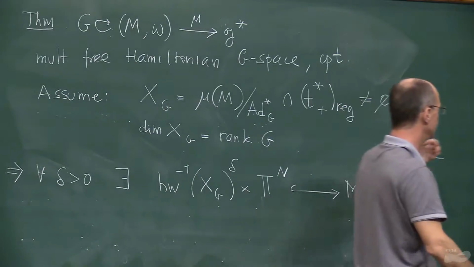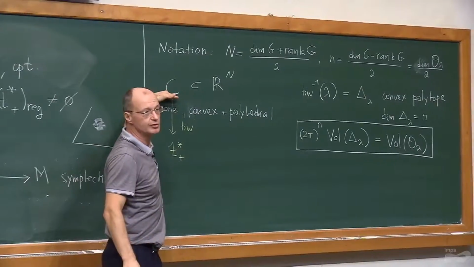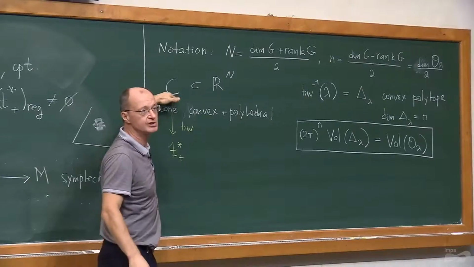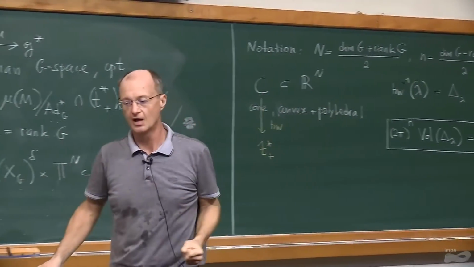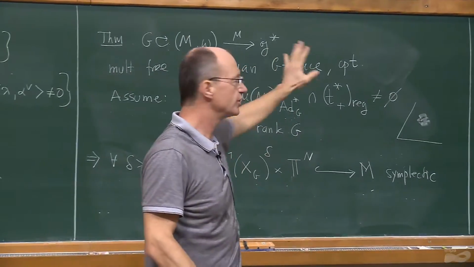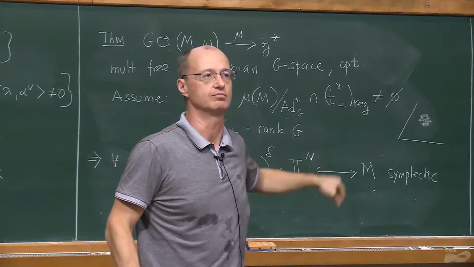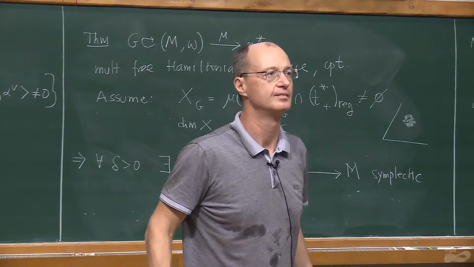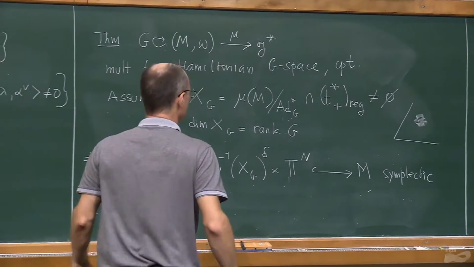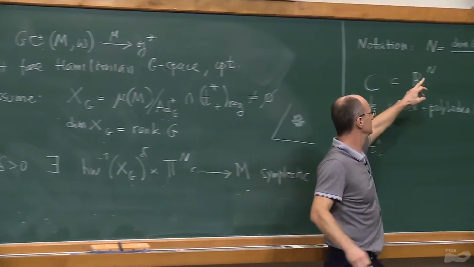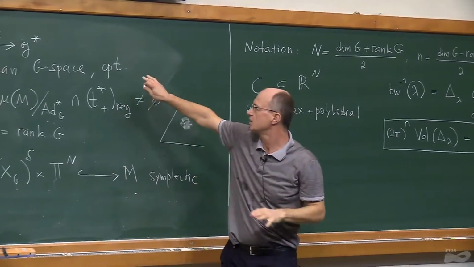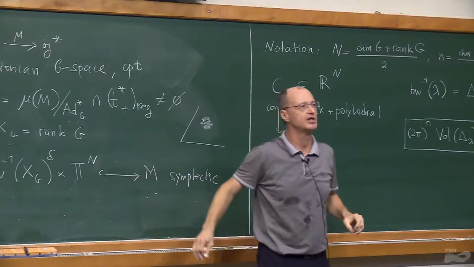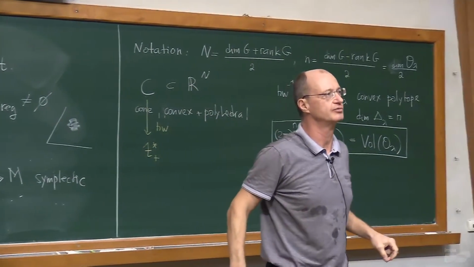So the actions are taking values in this mysterious C. The angles are just the angles. So as I say, now we're going to learn more about C. The N here is such that, according to my assumptions, 2n is the dimension of M.